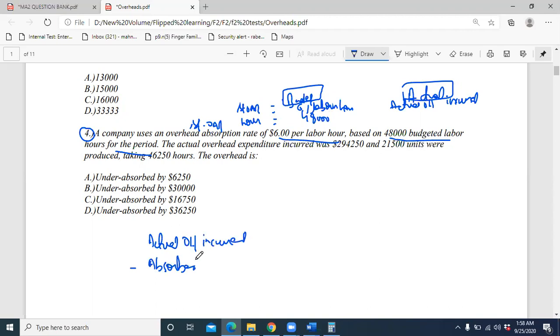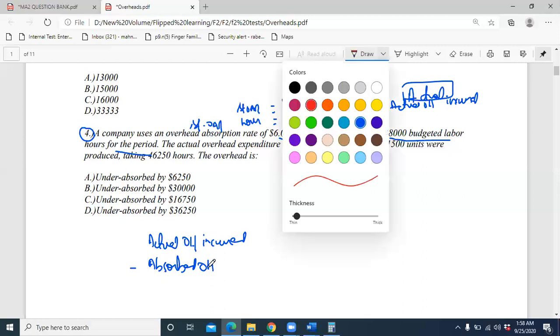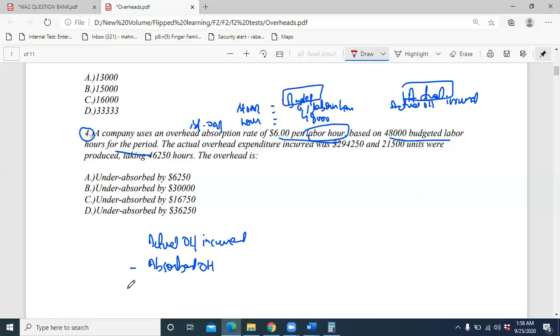Write this formula and check the absorption base. I just checked, it is the labor hours. So write the formula for absorbed overhead as well: standard OAR per labor hour into actual labor hours.